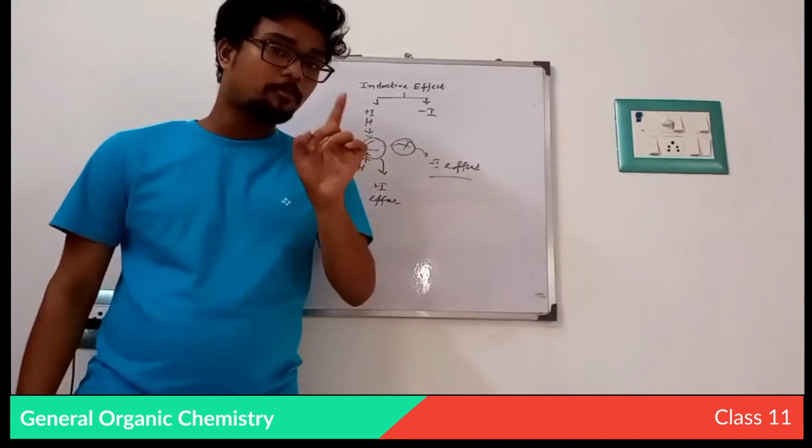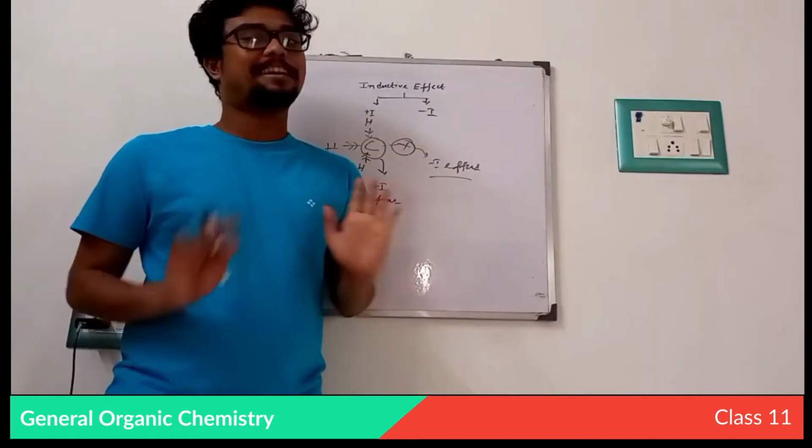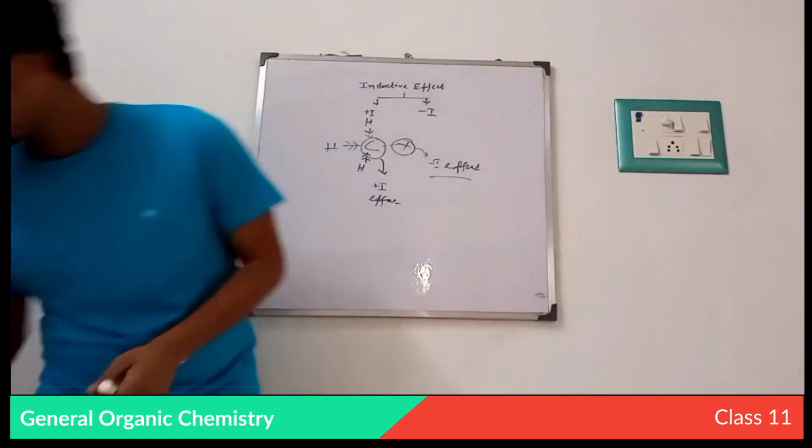Now I am giving you a problem, to which you can state the order of the plus I effect or the order of the minus I effect. Listen very carefully.